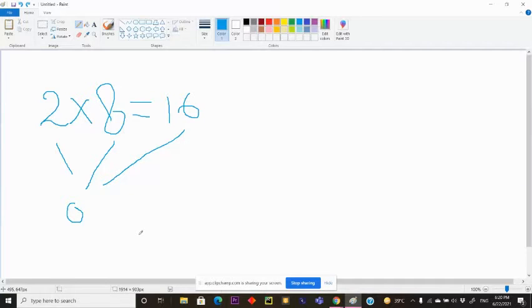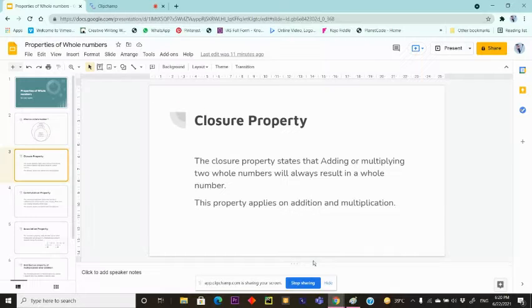This means that they are whole numbers. So if I multiply any two whole numbers including 0, the answer or the product will always be a whole number. And this is the closure property of whole numbers.